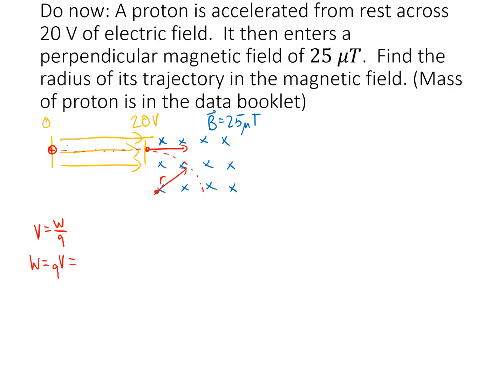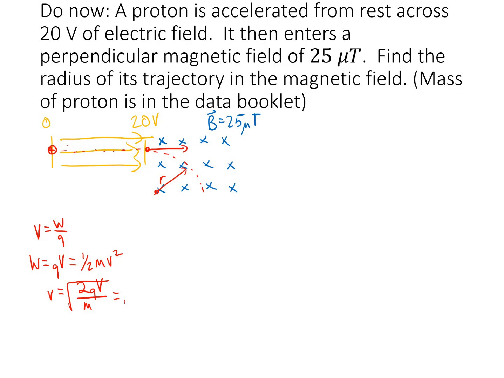And since we start from rest, that work is just going to be our change in kinetic energy, 1/2 mv squared. We can solve that for the speed of our proton as we leave that electric field. So v is going to be equal to the square root of 2qV over m.